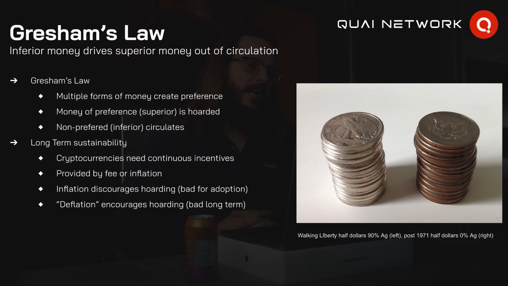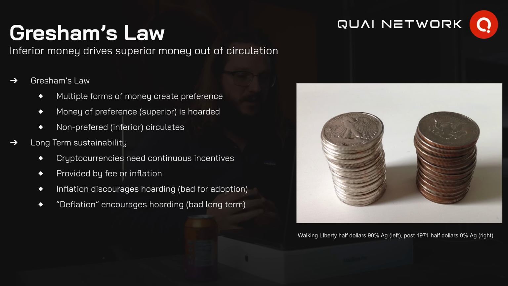Gresham refers to these as superior and inferior currencies. An example here would be specie coin, a coin minted from gold or silver, which has intrinsic value, versus coins that have no intrinsic value themselves, but only face value. There's an example of this with the Liberty dollar that was 90% silver versus the post-1971 dollars, which are copper, nickel, and zinc.